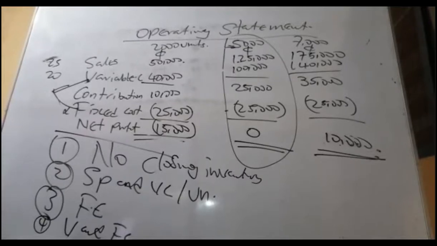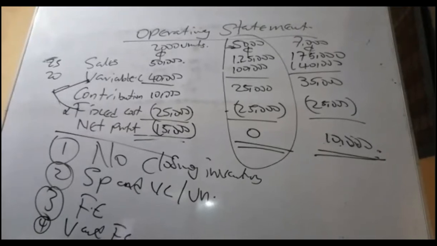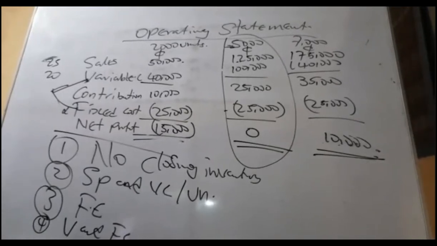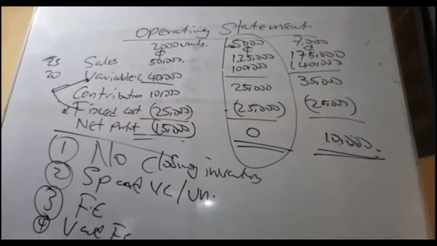Point number 5, it assumes that the variable cost and the sales revenue have a direct or linear relationship with the output or the units produced.